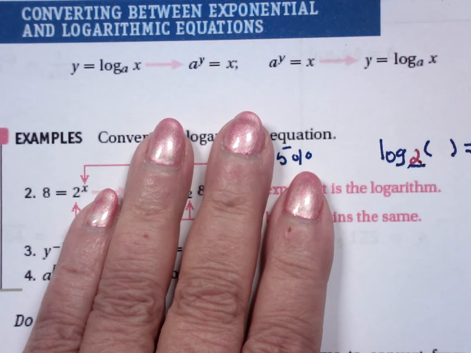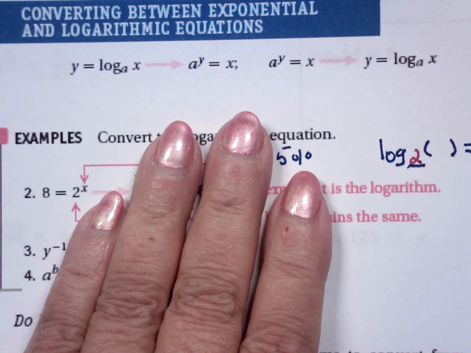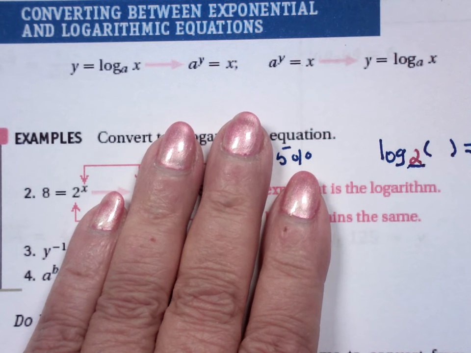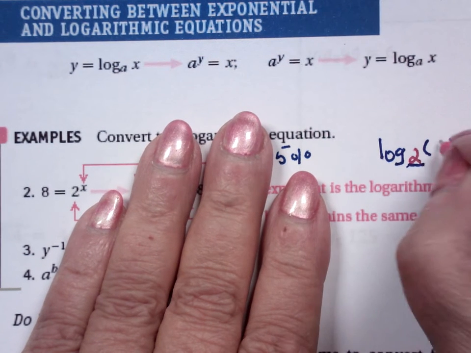What does the logarithm do? It picks up a range value and brings it back to a domain value, right? What's the range value on 2 to the x equals 8? What's the y value? It would be 8.